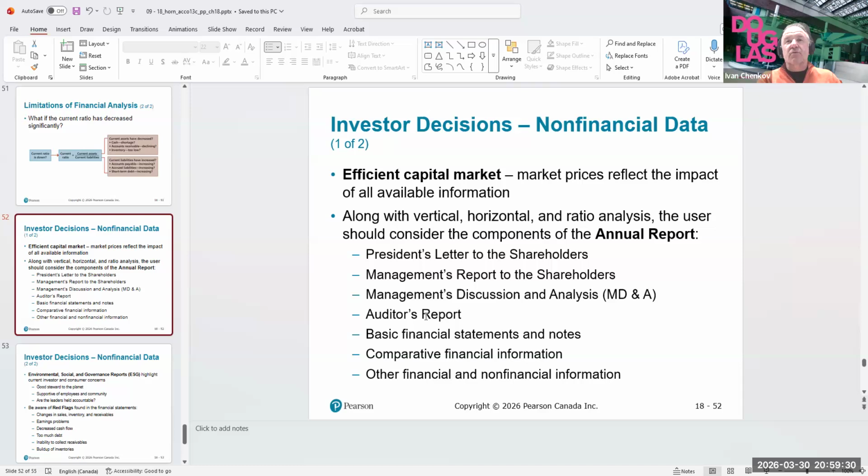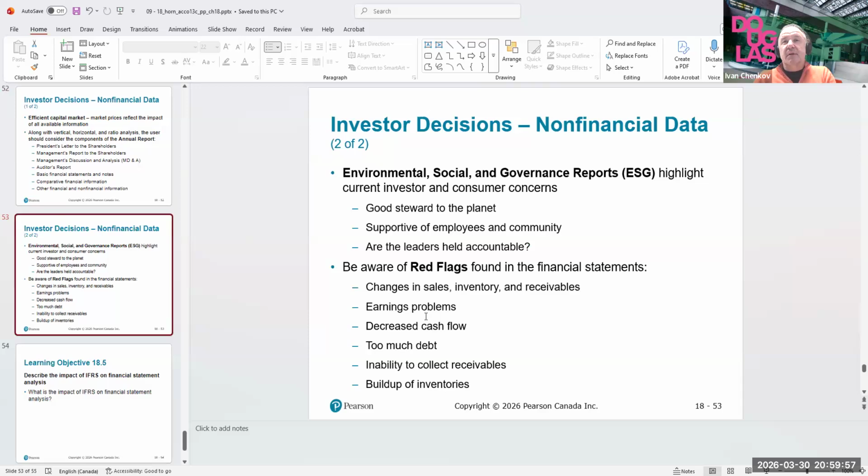That will be the letter from the president to the shareholders, the management report to the shareholders, and management discussion and analysis. Most financial statements now have that element; it has become kind of mandatory for the company to report management discussion and analysis. Also auditor reports, basic financial statements and notes. Don't forget to read the notes to financial statements. Also any comparative information that you can find on the company.